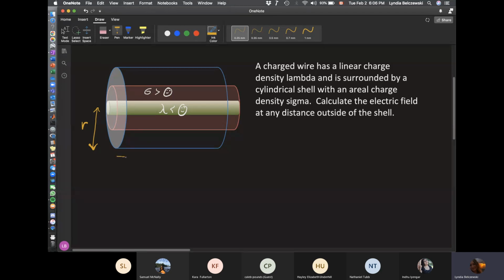And your Gaussian surface, the cylinder, is going to have a length of capital L. So while I go grab my phone so I can check the chat, I want you to try to come up with an expression for the total charge enclosed in your Gaussian surface using these variables. I'll be back in a minute.